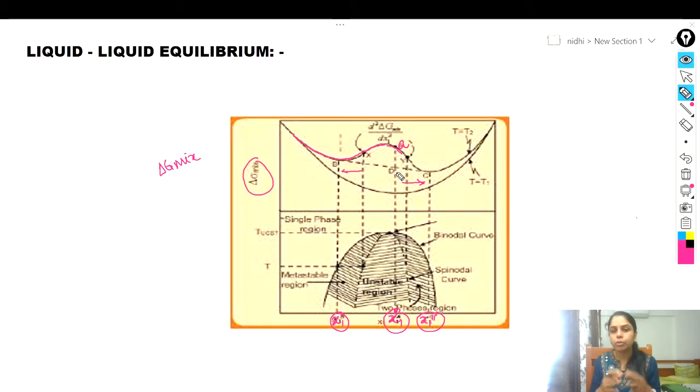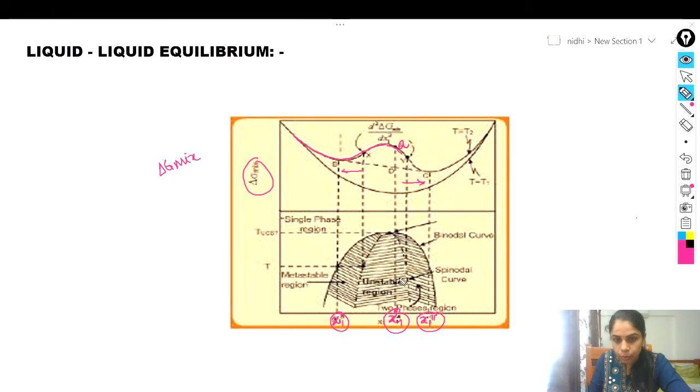Initially we have one composition X1, and then to achieve minimum Gibbs free energy, it splits into two phases and has different compositions, X1 dash, and here it is X1 double dash. Okay, and then two partially miscible phases form. So now this curve, delta G mix versus X1 curve, if you see, there is a region.